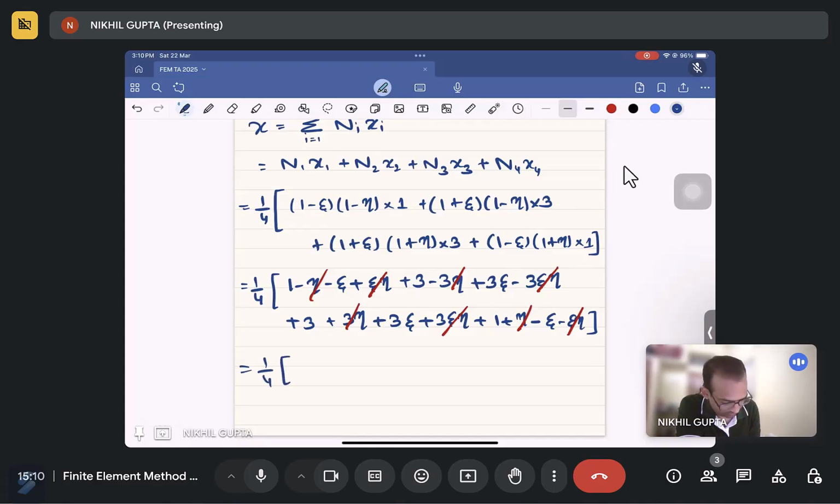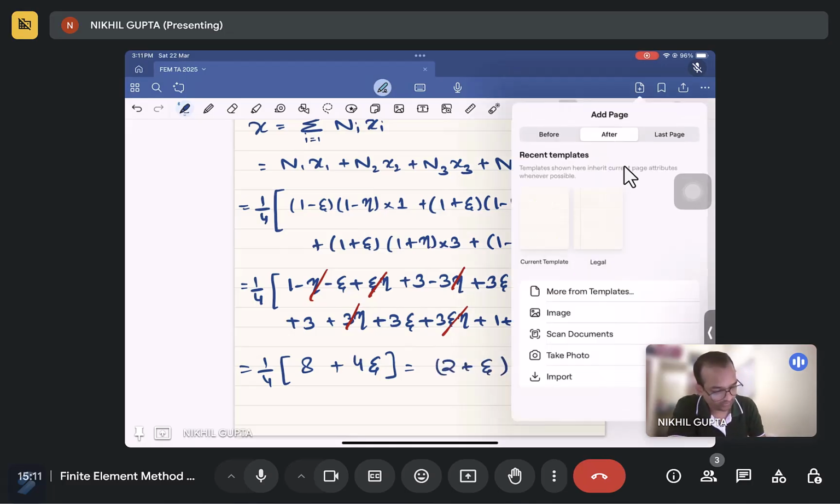The constant terms are 1, 3, 3, 1, which add up to 8. Then the xi term will be minus 1, plus 1, 3 and 3, which is 4 xi. So we can write it as 2 plus xi.